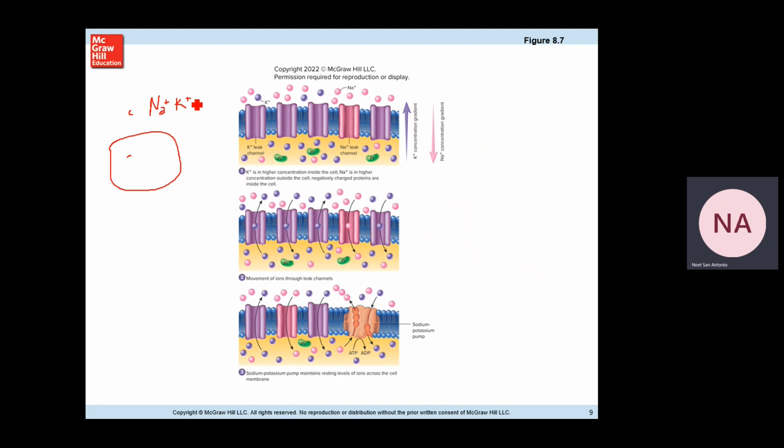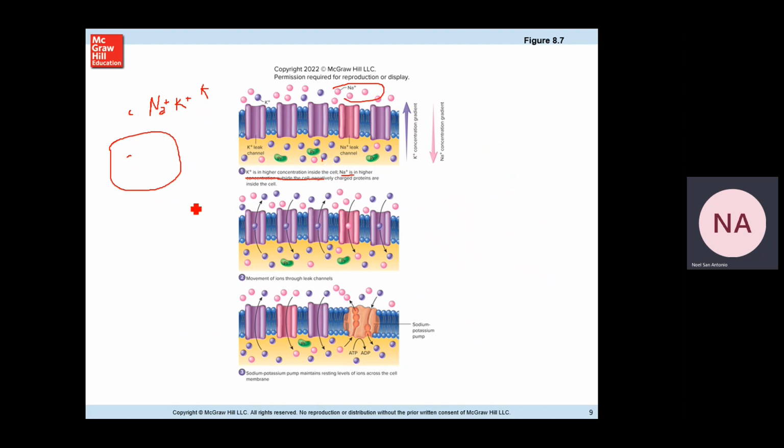when the cell is not yet stimulated, particularly the nerve cell, there is a higher concentration of potassium inside the cell, while there is a higher sodium concentration outside of the cell. Mas maraming sodium sa labas kaysa sa loob.